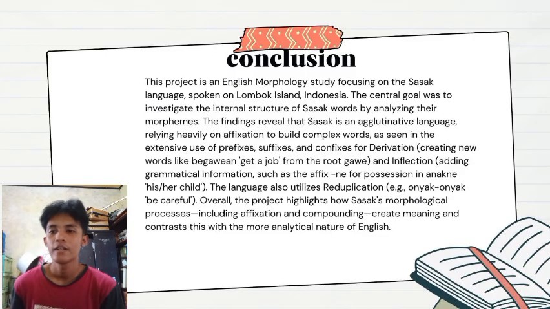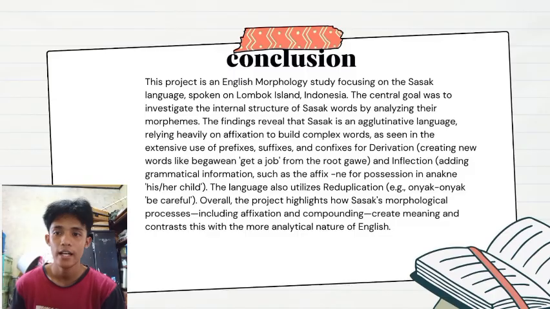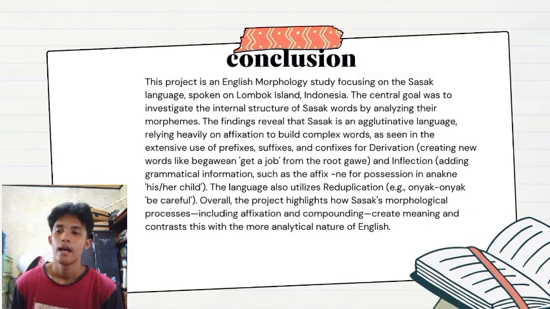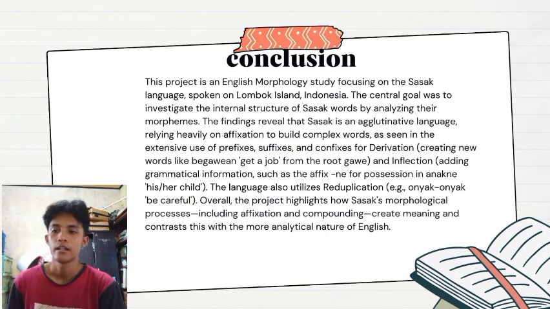The findings reveal that Sasak is an agglutinative language, relying heavily on affixation to build complex words. This is seen in the extensive use of prefixes, suffixes, and confixes for derivation, creating new words like begawean, get a job, from the root gawe, and inflection, adding grammatical information such as the affix ne for possession in anak ne, his or her child.